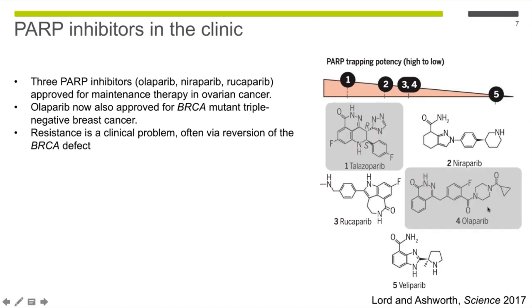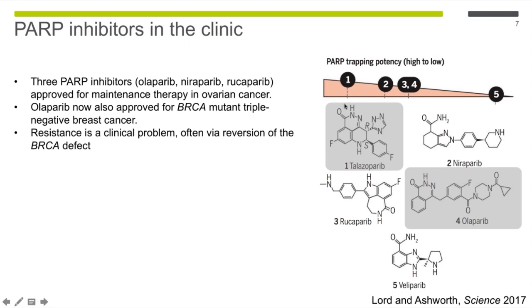And in this talk, I'm going to talk mostly about olaparib and also about talazoparib, which is a new generation of PARP inhibitors. Talazoparib is an interesting drug because although all these 5 PARP inhibitors are quite good catalytic inhibitors of PARP enzymatic activity, talazoparib shows, relatively speaking, a much stronger potency to trap PARP1 at sites of DNA damage.